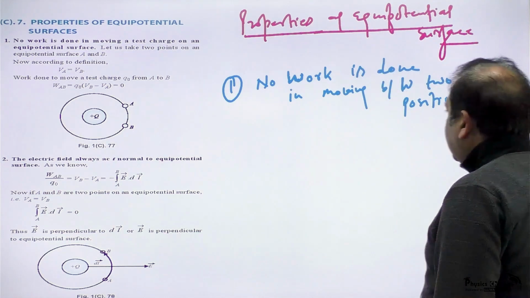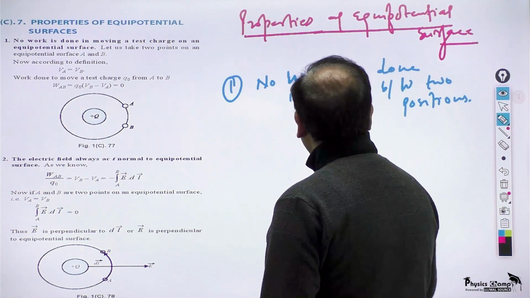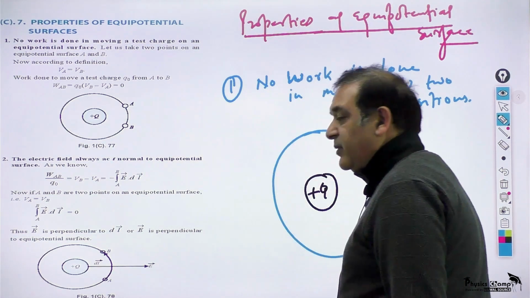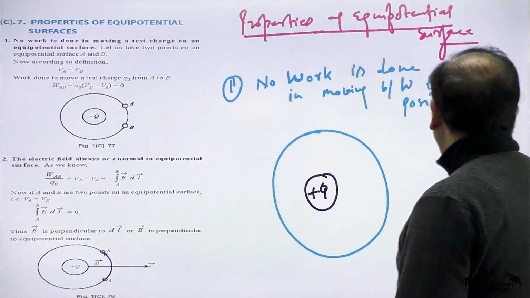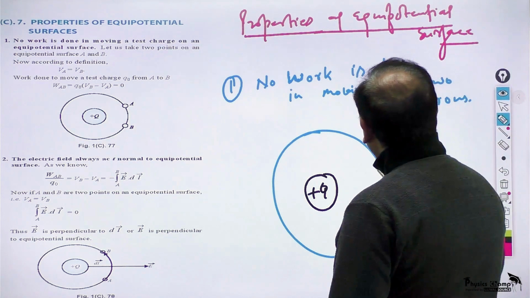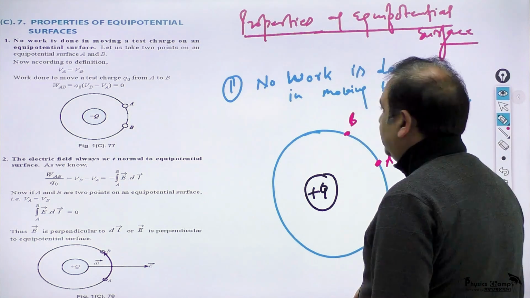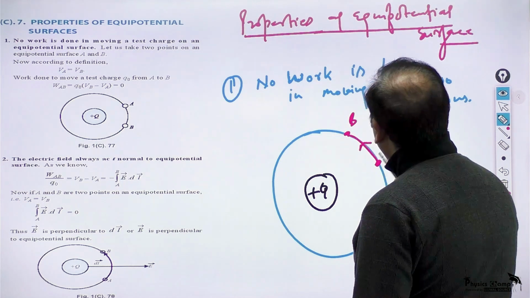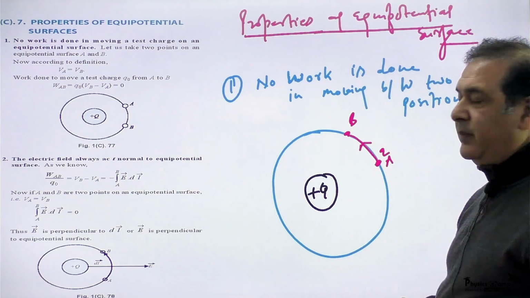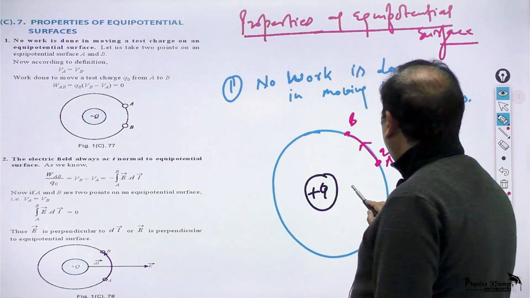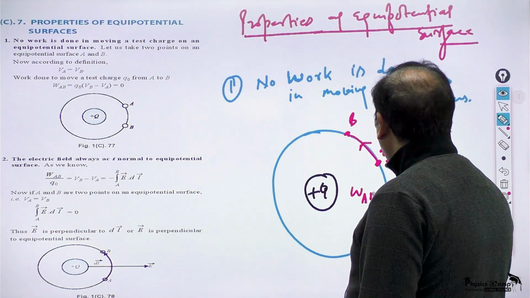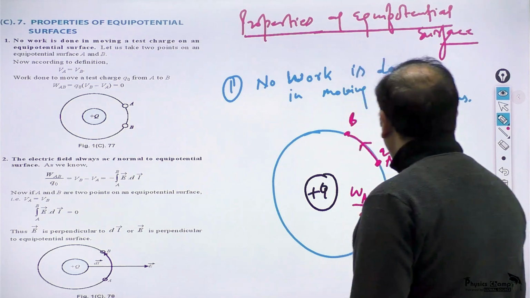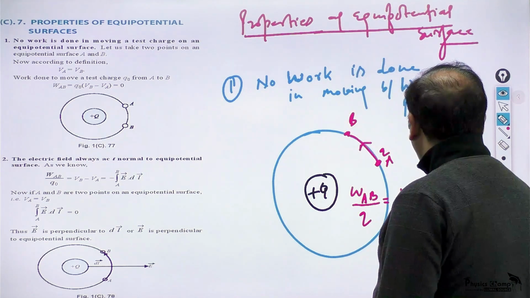Just imagine you have a charge Q here and you have this as an equipotential surface, and I take a point A and a point B, and I move a charge from A to B. I am interested in calculating what work is done in moving a charge from A to B. Your answer is VB minus VA.